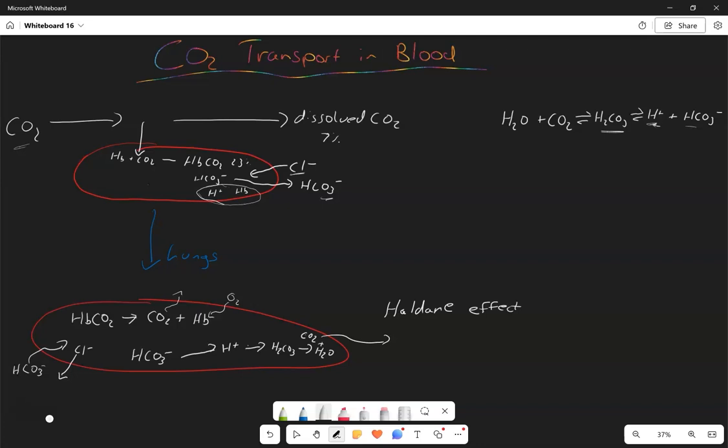So one of the things that can happen is if that hemoglobin can't pick up those free protons, right, that can lead to something called respiratory acidosis, because we're going to have more free protons inside of the red blood cells, right? So one of the things that's really important, right, is our hemoglobin's ability to serve as a buffer for acid-base balance. So the blood is involved in acid-base regulation.